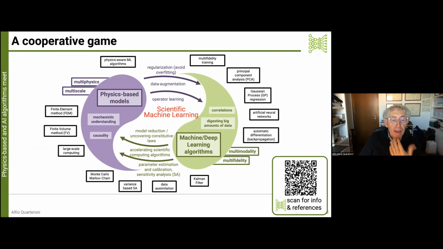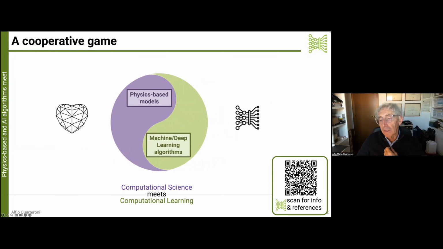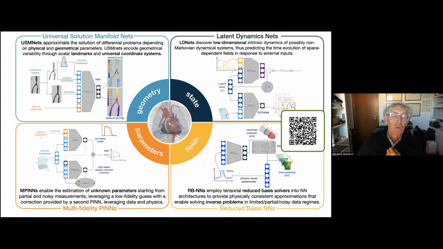And again, if you are interested in this field, you can scan this QR code, and you will see our contributions to the field, which is summarized here in a very quick manner. We want to address the geometrical variability, the state variability, to reconstruct the dynamics of non-Markovian dynamical systems when they are not known.